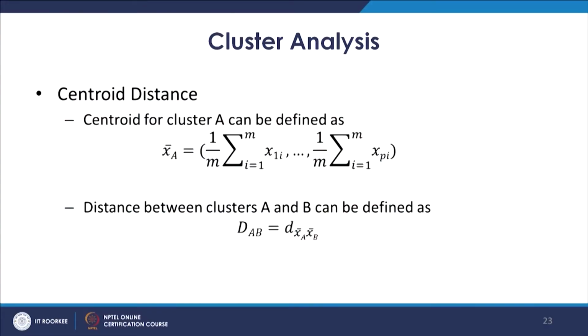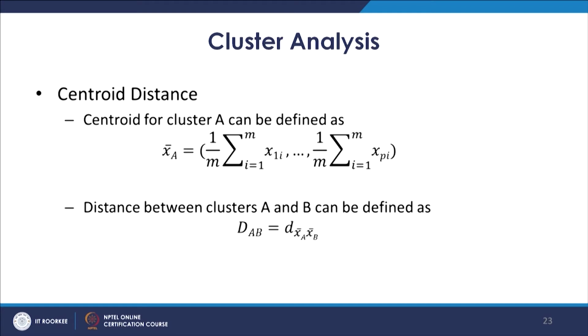Once the coordinates of the centroid for each of those clusters are known to us, we can compute the distance between those two centroids. If we look at this, the centroid of cluster A can be defined as below. You can see x a bar, which is referring to centroid A. You can see here the m coordinates.